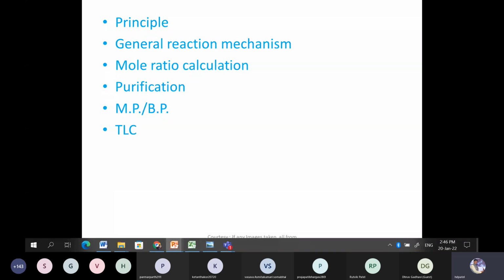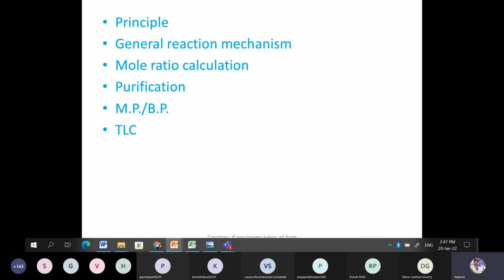Based on that we can confirm whether the product is formed or not. Other confirmation we can do for the formation of the product is the chemical test, meaning based on the functional group we can find out whether the product is formed or not. Then next one is TLC, thin layer chromatography. Based on thin layer chromatography, we get an idea whether the product is formed or not.